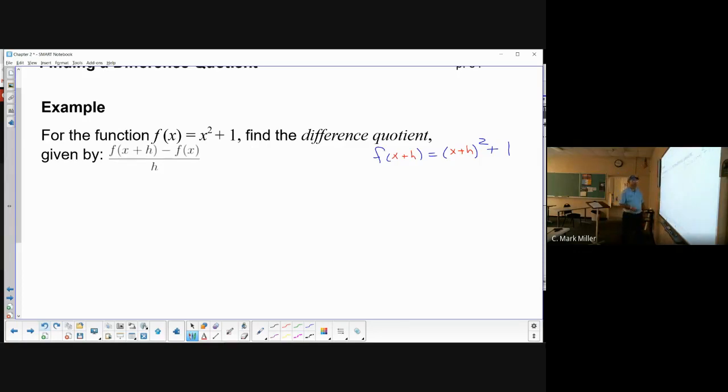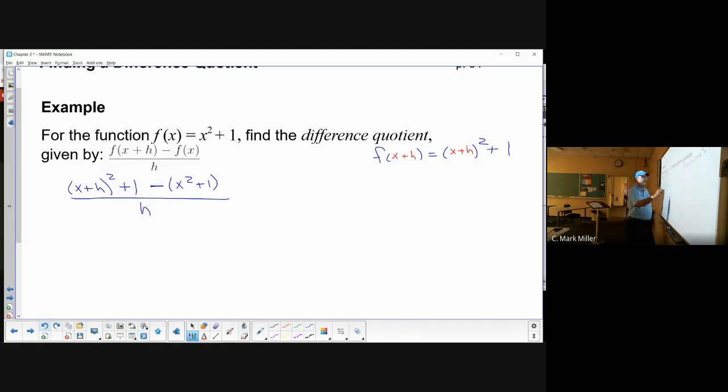So this is going to be that minus f of x divided by h. Now you're never going to be able to leave it like that. Always going to have to simplify.